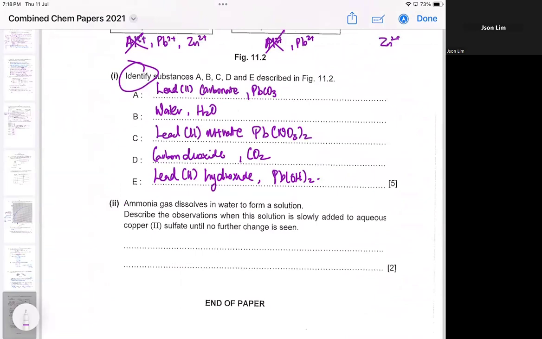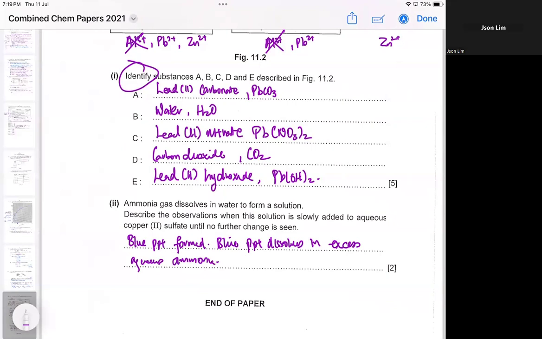Okay, next, aqueous ammonia dissolved in water is slowly added to copper 2. So this is a copper 2 aqueous ammonia test. You will get a blue PPT formed. And then in this case, the blue PPT dissolves in excess aqueous ammonia.